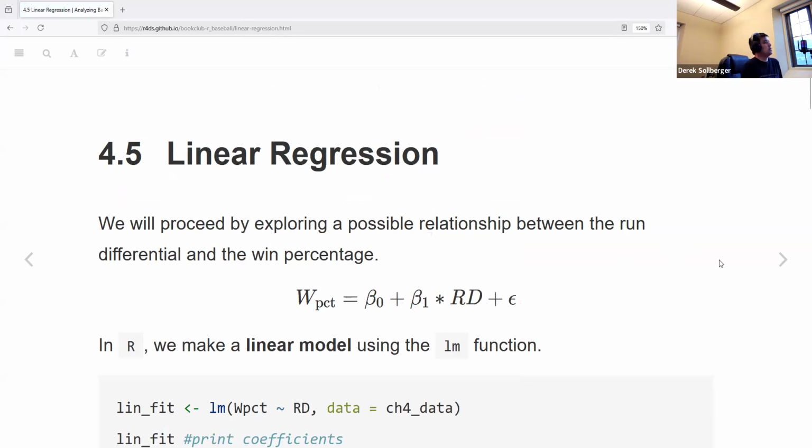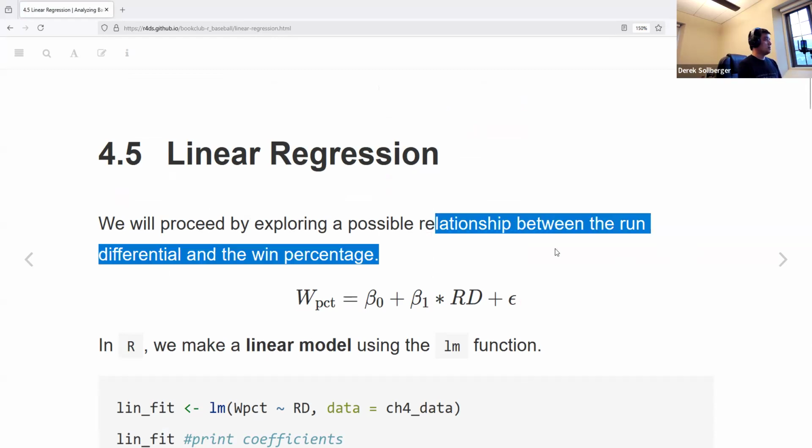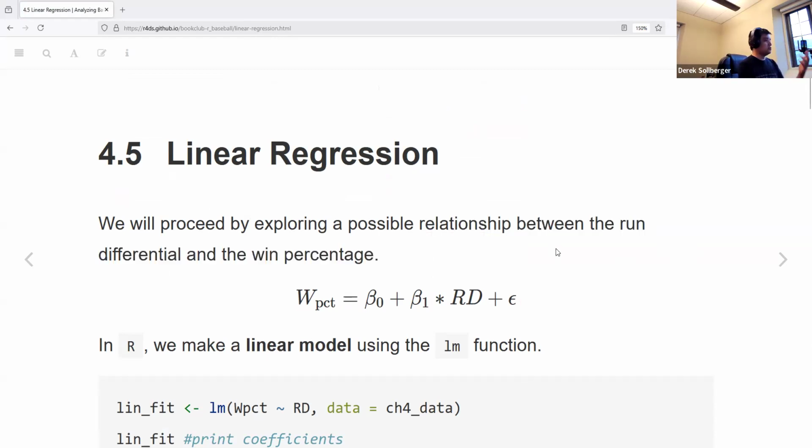So we'll dive deeper into analyzing some of these relationships with the tool of linear regression. With a slight departure from the textbook, I went ahead and used the usual statistics notation. So we have our response variable, wins percentage. We have our coefficients, beta naught and beta 1, where beta naught, you'll notice, is not being multiplied to a variable, and hence this is called the intercept.